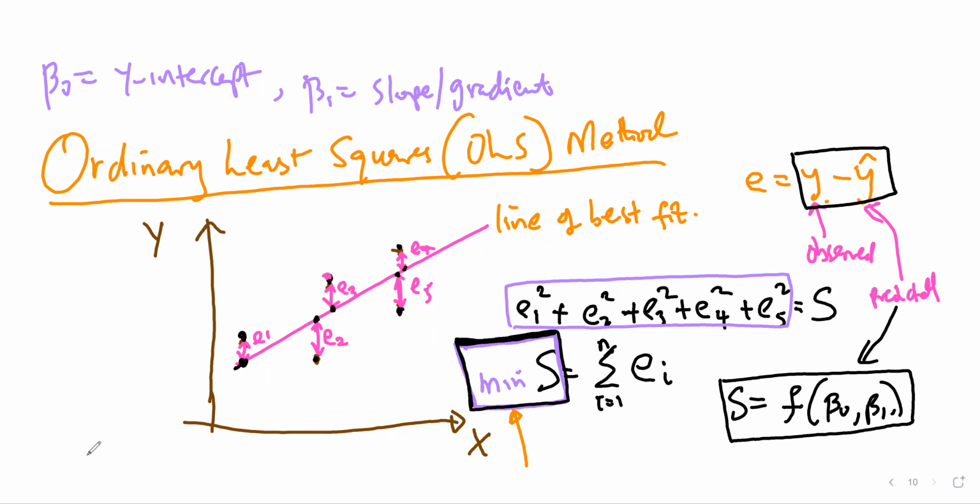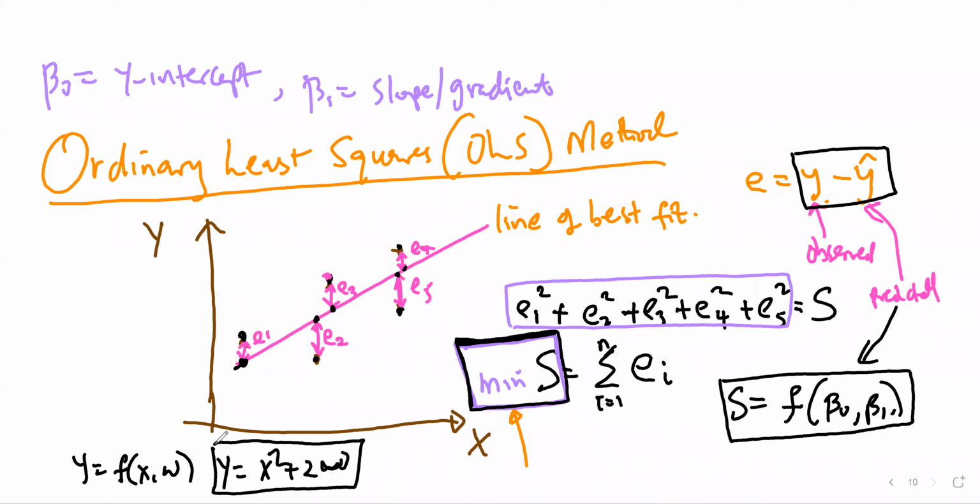The way you would get an equation like this, Y is equal to a function of X and W, for example, Y is equal to X squared plus 2W, and you want to optimize this function, you need to differentiate this function with respect to X and equate to 0.